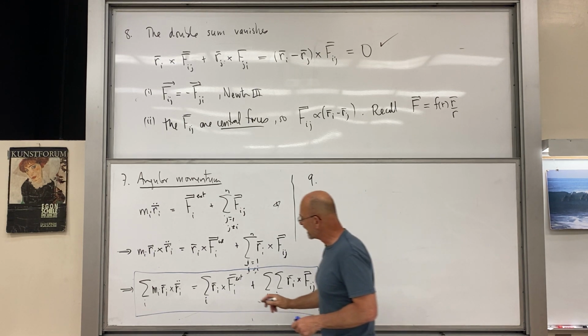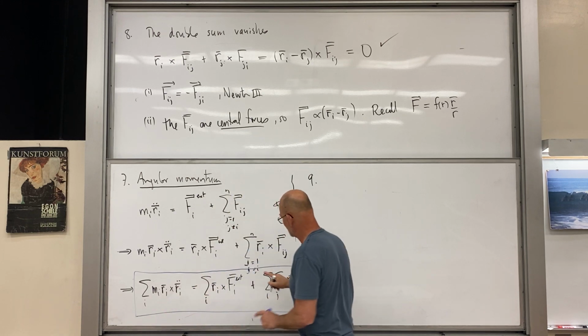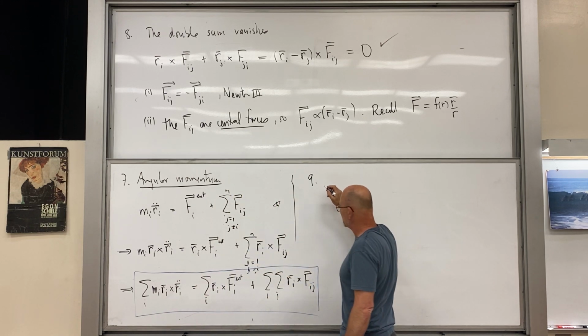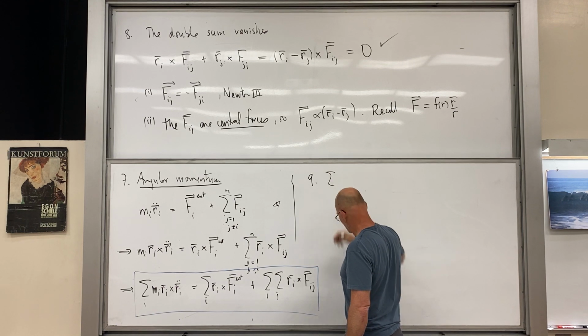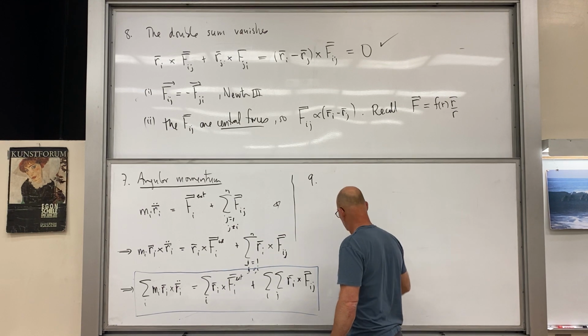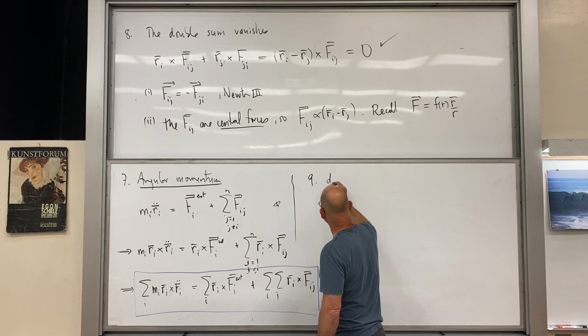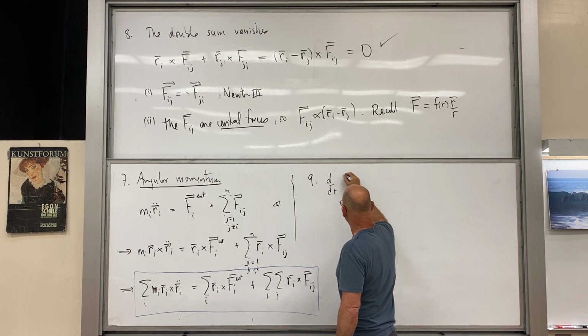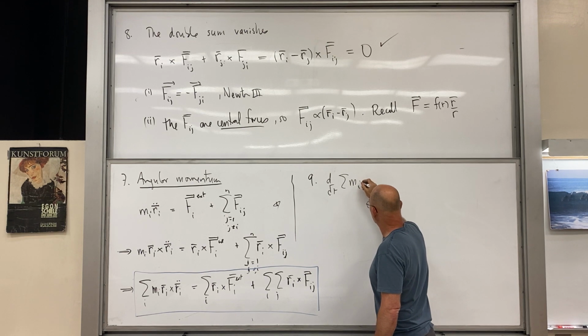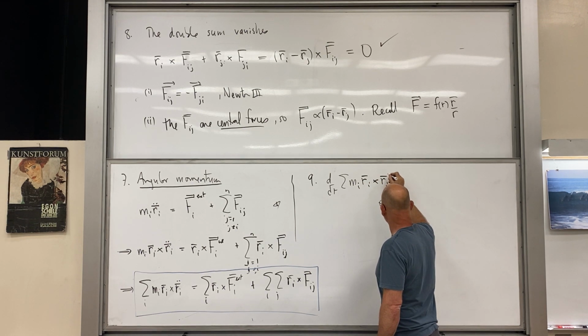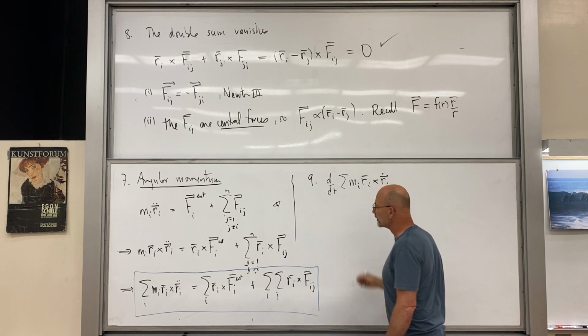Yeah, now we're looking at this thing here. Let's just look at the complete time derivative of the sum of m I r I cross r I first derivative.